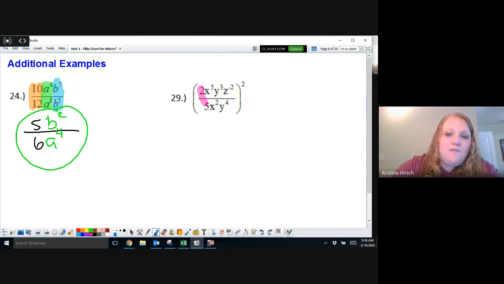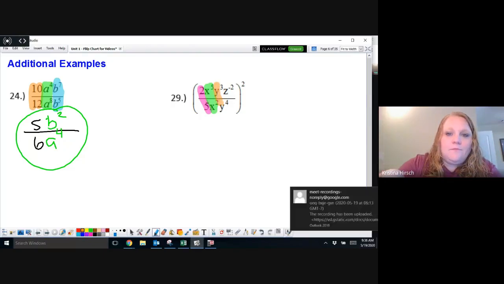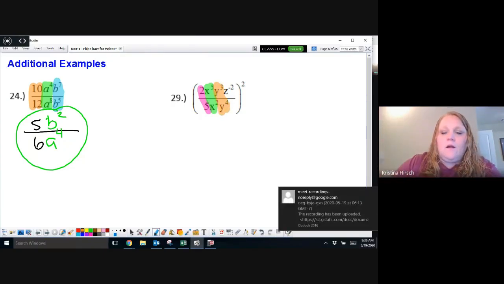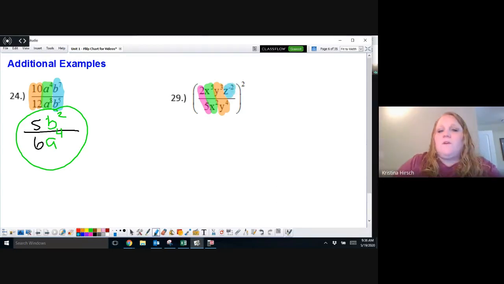I have the 2 and the 5, the x's, the y's, and then the z's. So those are 4 different parts. I'm going to set up my fraction bar, and I'm going to have 2 over 5. That doesn't change. And we'll deal with that square in a little bit, so don't forget the square.